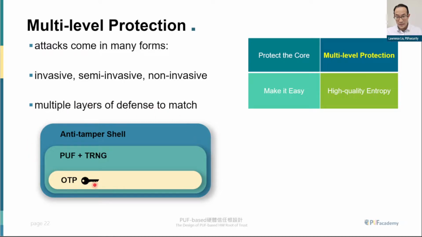So again, looking at the simplified diagram here, architecture, starting from the core OTP array, we use anti-fuse technology, which is more secure than eFuse-based OTP. We use obfuscated addresses and encrypted data derived from the PUF and TRNG entropy.